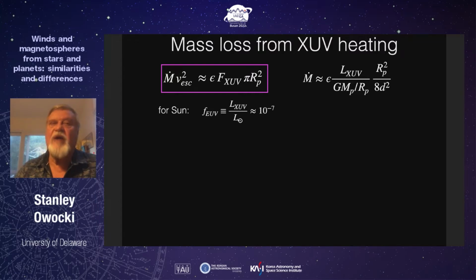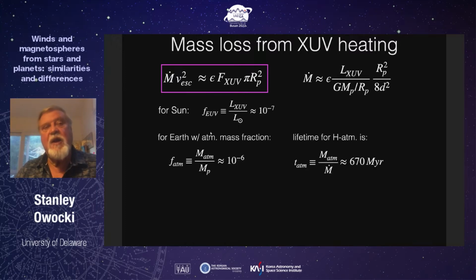And for the sun, as we talked about, the XUV luminosity is about 10 to the minus 7. Then if you plug in numbers, the atmosphere of the Earth, for example, is only about 1/1,000,000th of the mass of the planet Earth. And if you then work out what the lifetime of a hydrogen atmosphere would be at the current rate of ultraviolet heating from the sun, it's about 2/3 of a billion years.